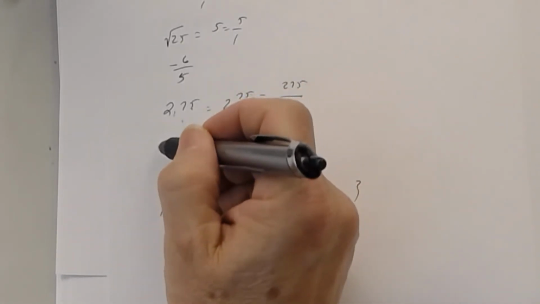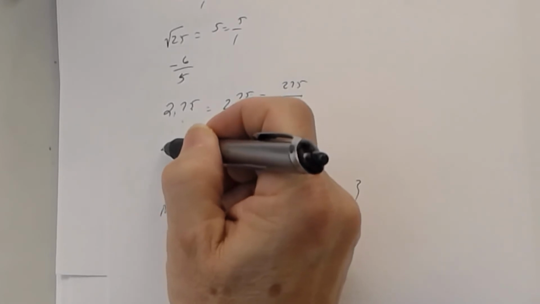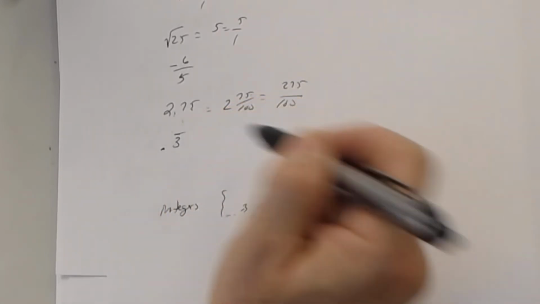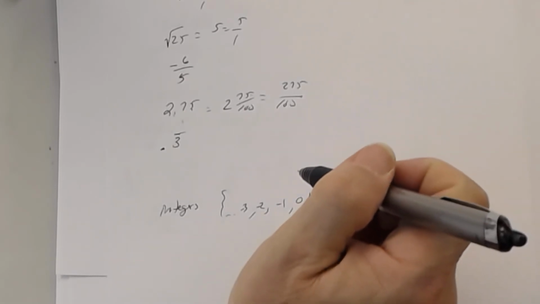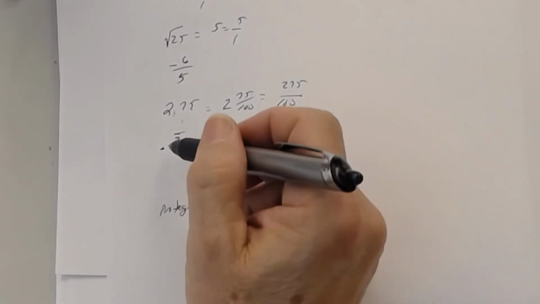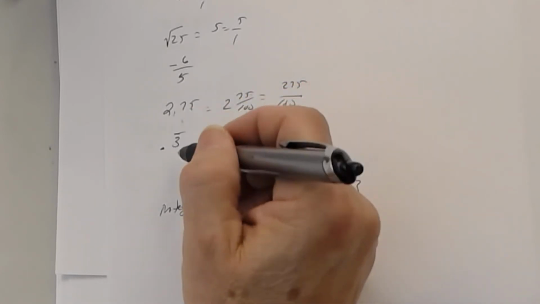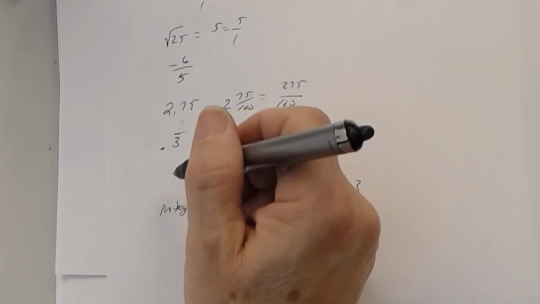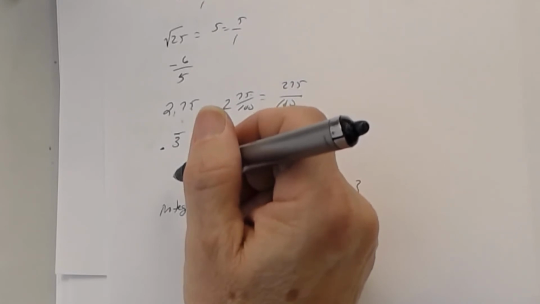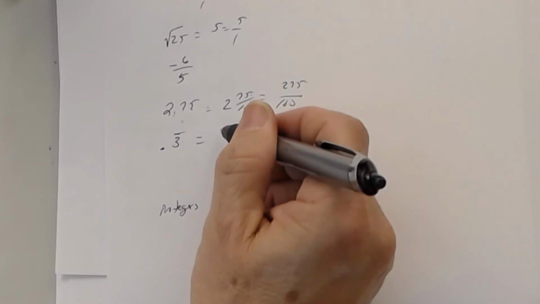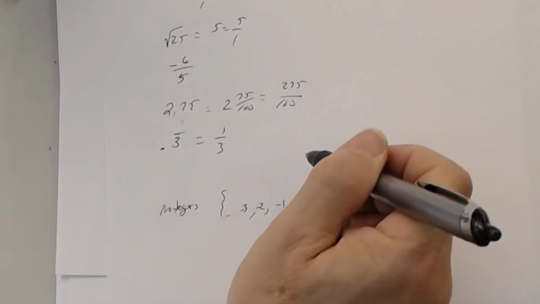What about 0.3 repeating? So if you have a decimal that repeats, is that a rational number? Yes, it is. Because 0.3333 repeating is what fraction? 1/3.